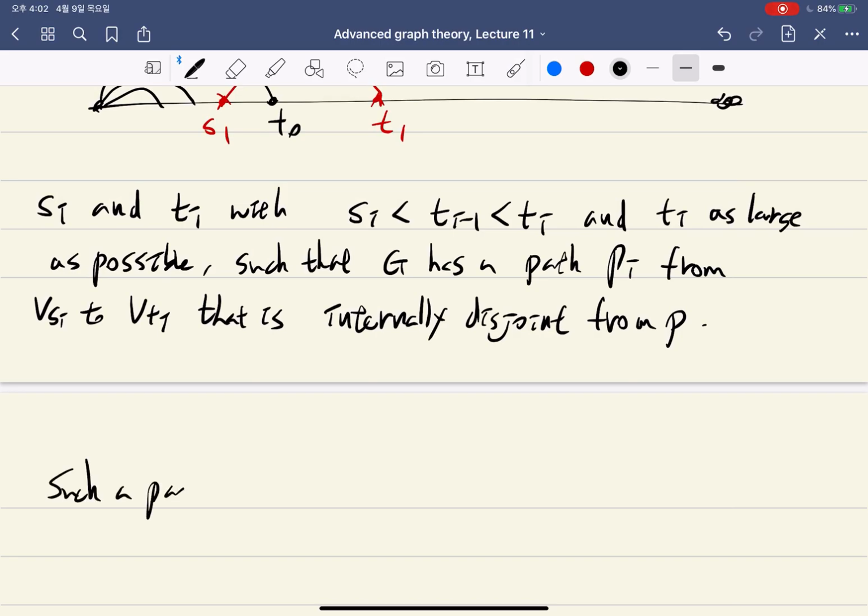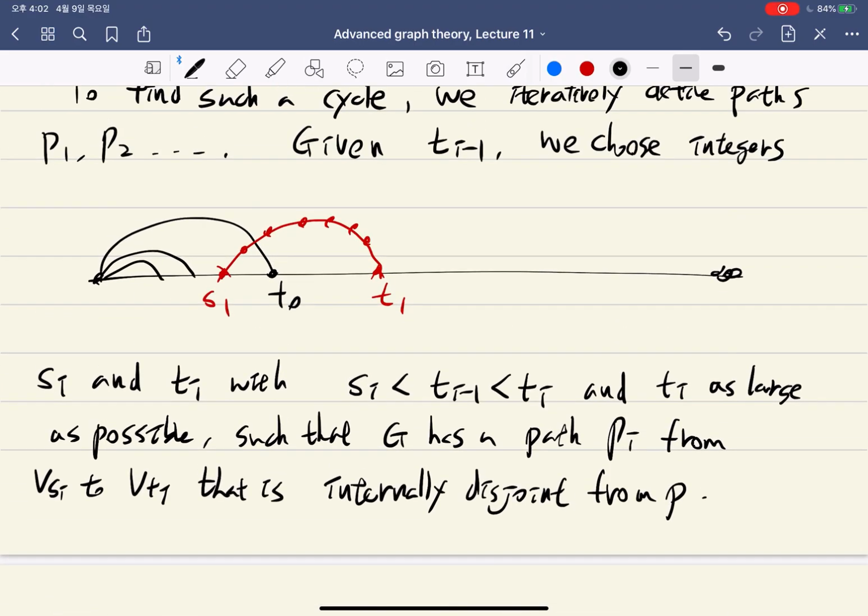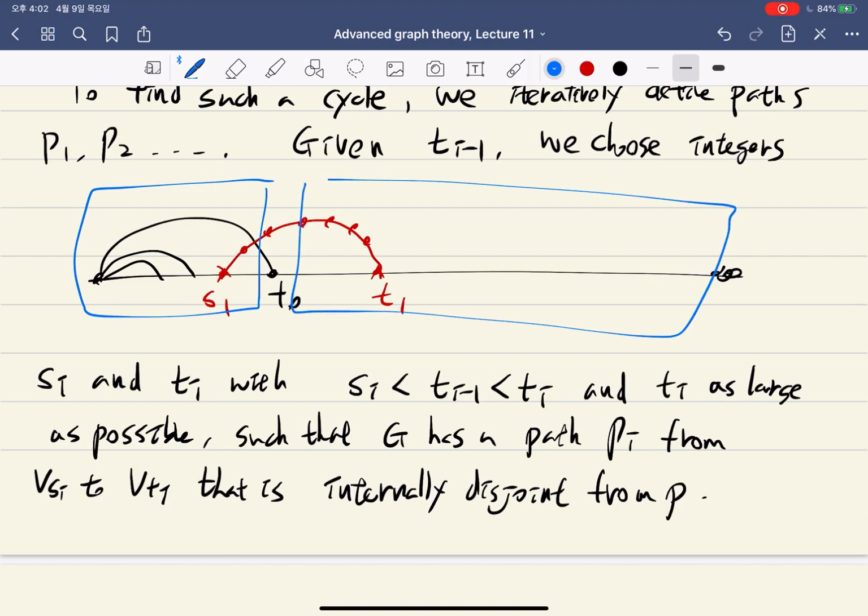Such a path exists because G minus V(t0) is connected. So you take these vertices and these vertices and you delete this one. Then this graph is connected.